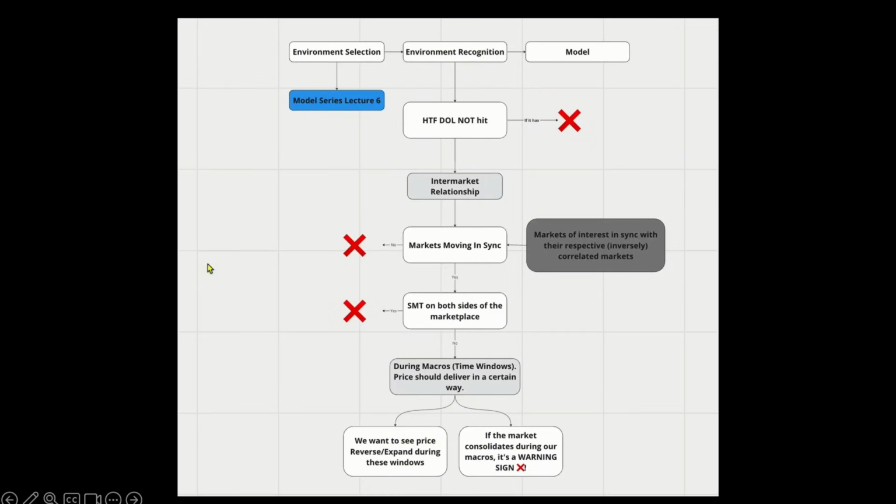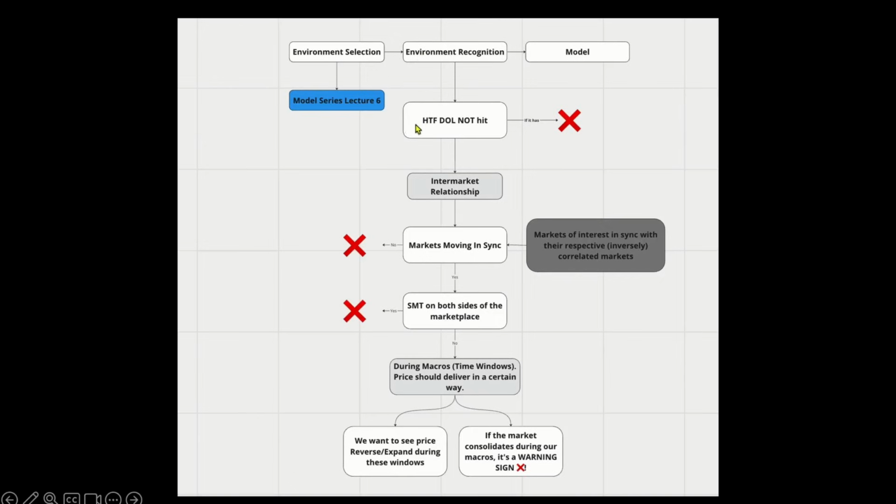Here we are on the representation of the whole sequence of events for the environment recognition. As outlined, we always begin with environment selection. For this, please refer to Model Series Lecture 6. After we have deemed that the environment is highly probable, we move on to the next part of the sequence, which is environment recognition.